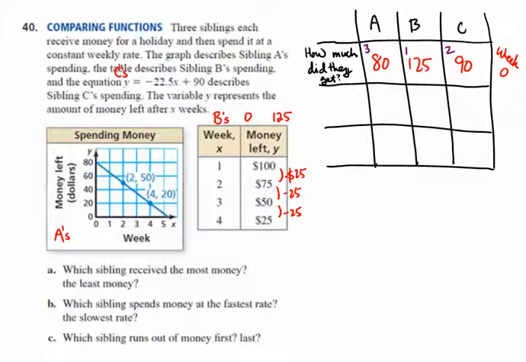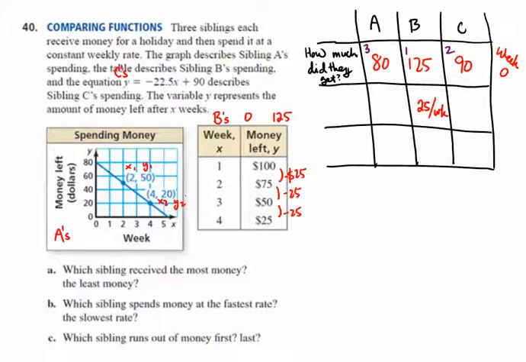All right, the second question asks, which sibling spends money at the fastest rate? Well, we've already seen that B is spending their money at $25 per week. If we look at A, we have to find the slope there, so we'll calculate the slope for A by labeling x1, y1, x2, y2.